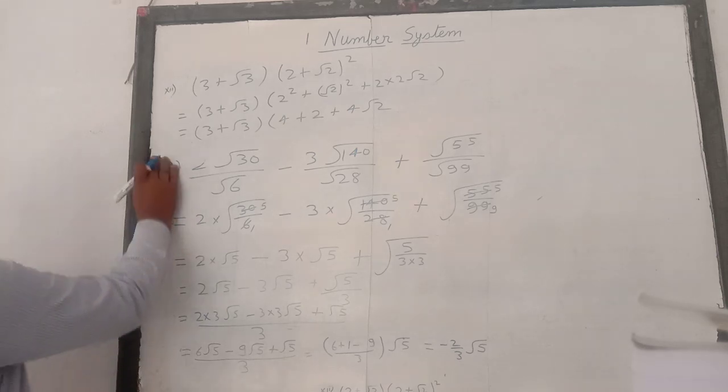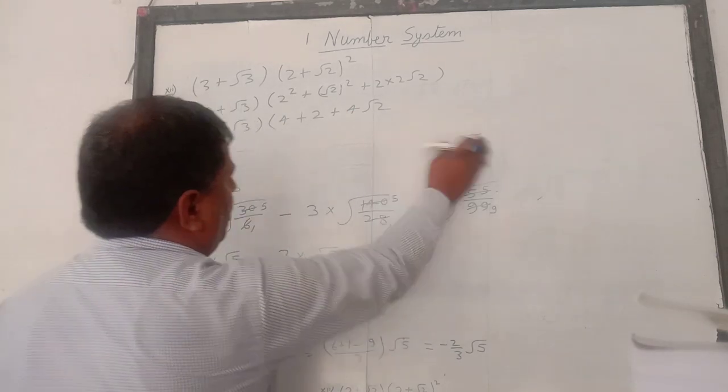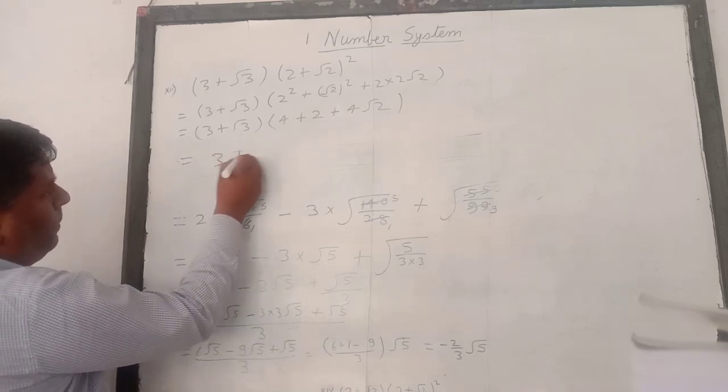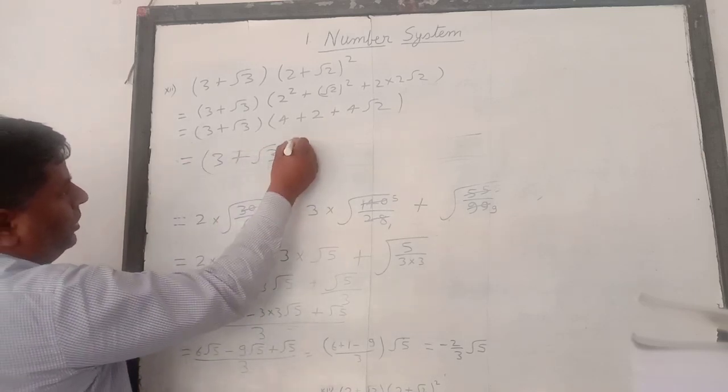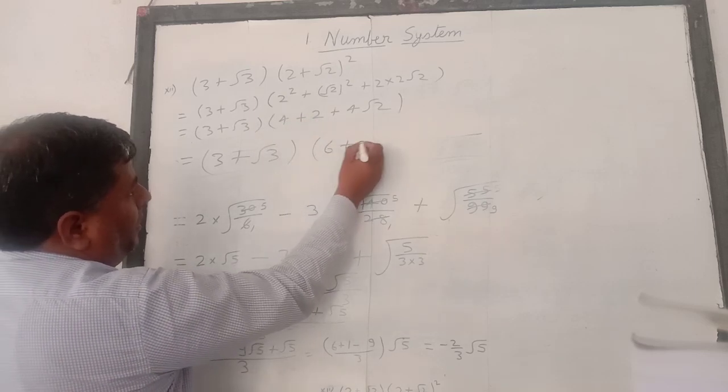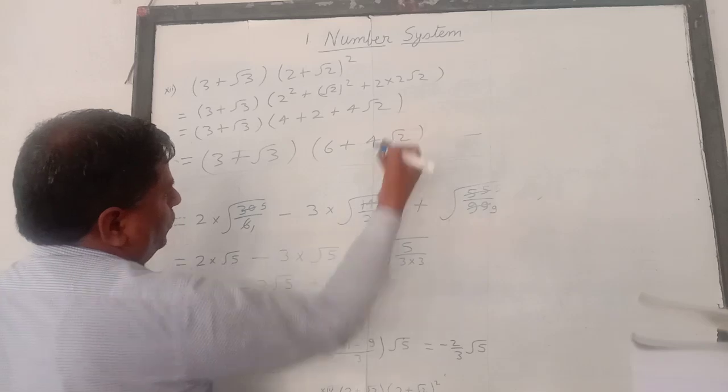So next, now we can add these numbers. So we have (3 + √3) into (4 + 2 = 6) plus 4√2.